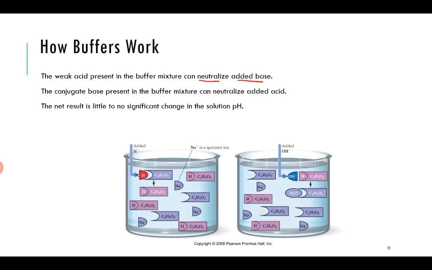So here's a diagram to show you that if I add H3O+, then that's going to bond with my conjugate base in order to reform the intact molecule. If, on the other hand, I add my OH- ions, that's going to react with the acid to make water, and then I'm going to be left with my conjugate base.